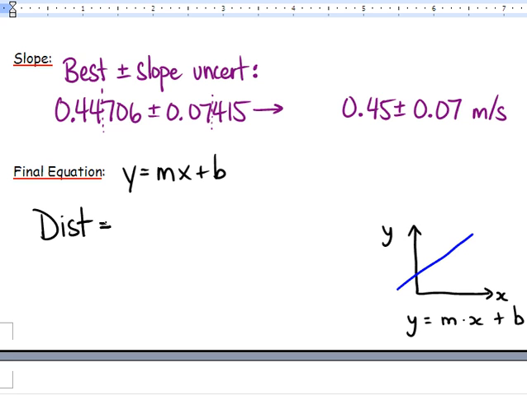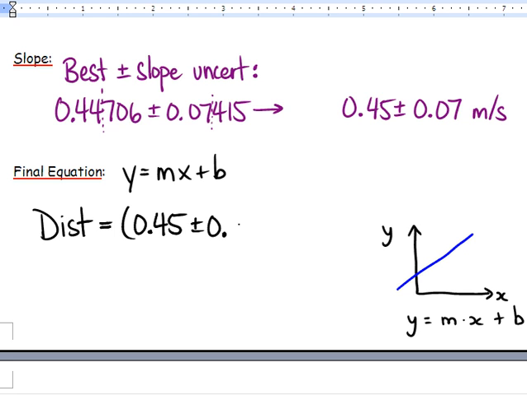I'll say distance is equal to, now m is your slope, which is here in purple. It's all of the information we've got there. It's the best slope plus or minus the slope uncertainty and the units. And just because that's kind of long, I like to put it in brackets just to keep it separate from anything else in that equation. But you want to list the whole thing.